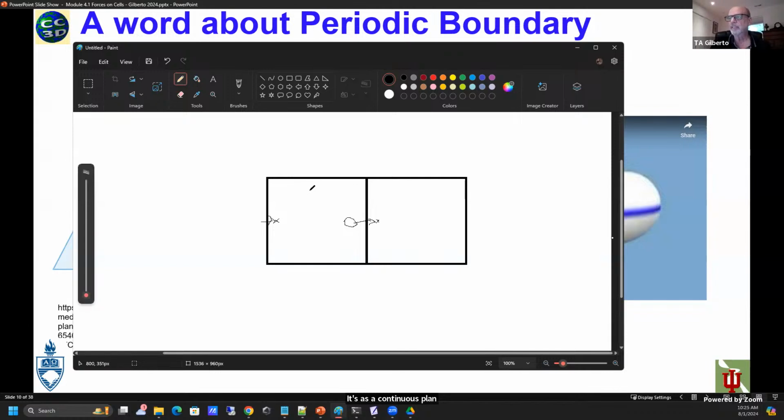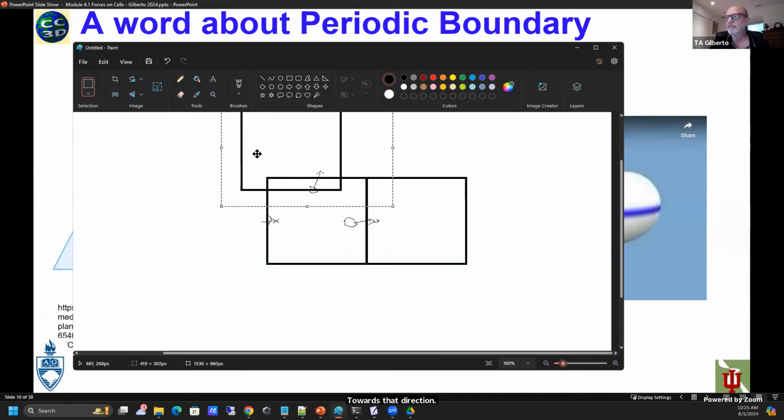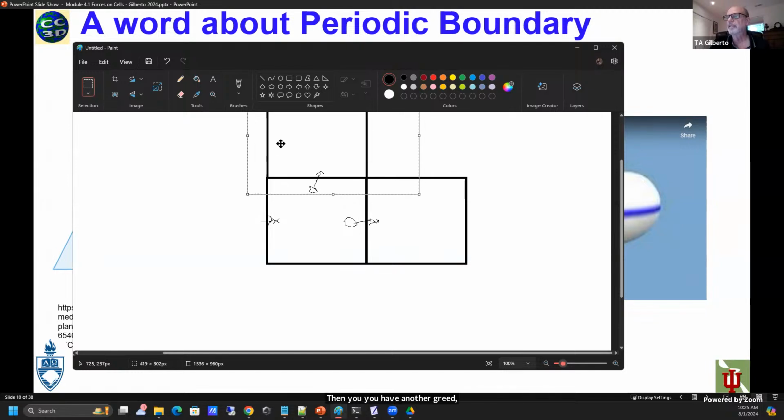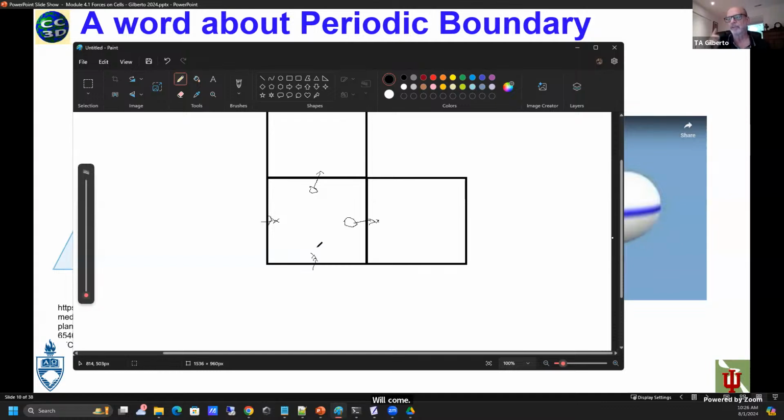The same occurs in that direction. If the cell is moving upwards, then you have another grid being copied here, and in fact your cell will enter your system from downwards. This is what periodic boundary conditions mean.